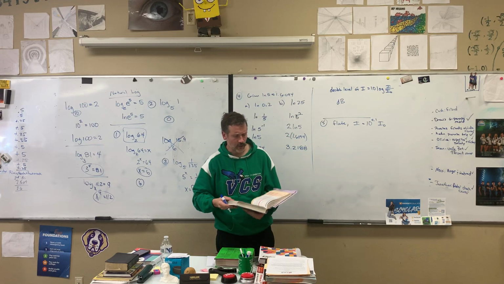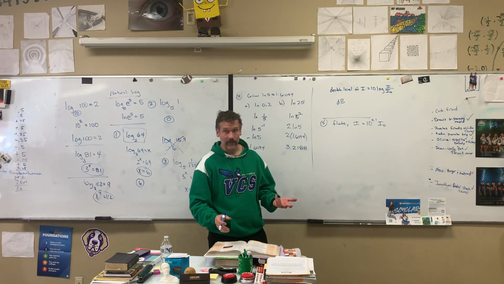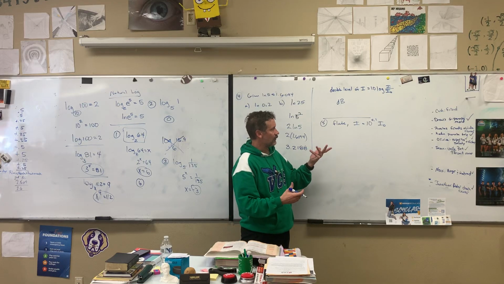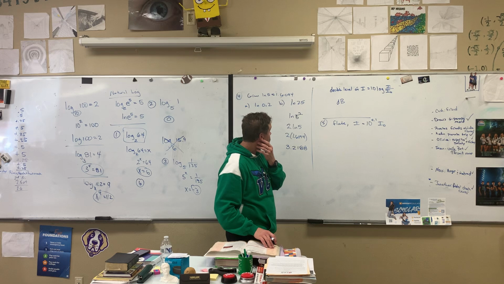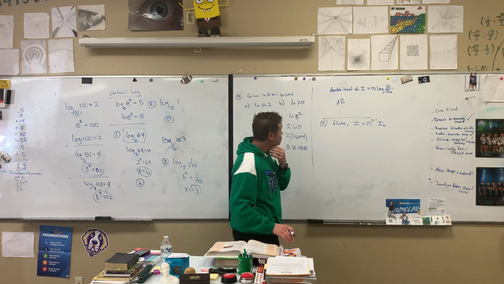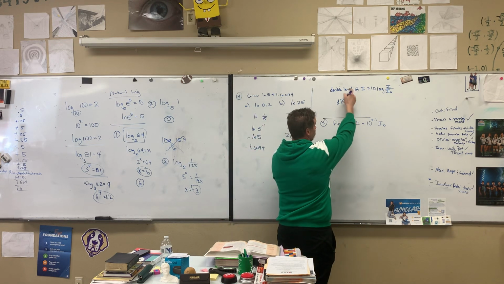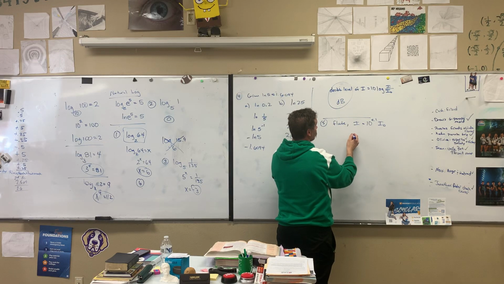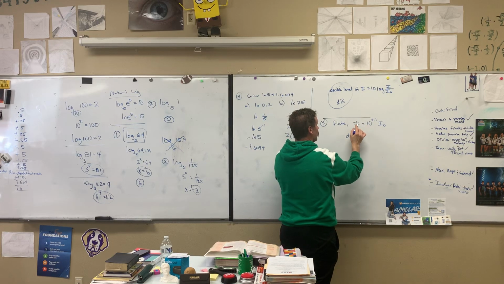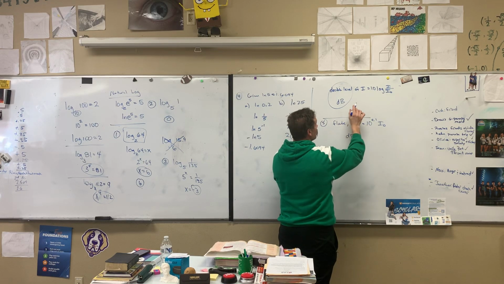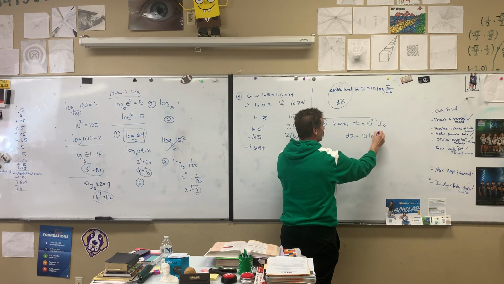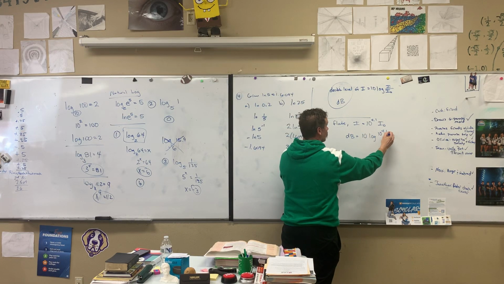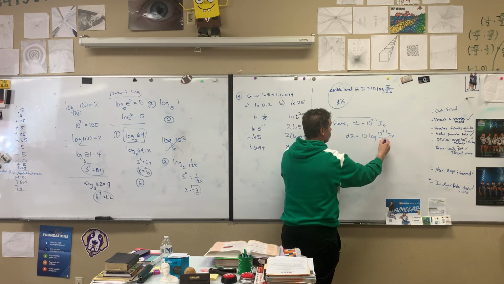If you want to find the decibel level, you have to know the sound intensity, and you plug that into your little formula. So dB is equal to 10 log of I, which is 10 to the 4.1 I sub 0 all over I sub 0.